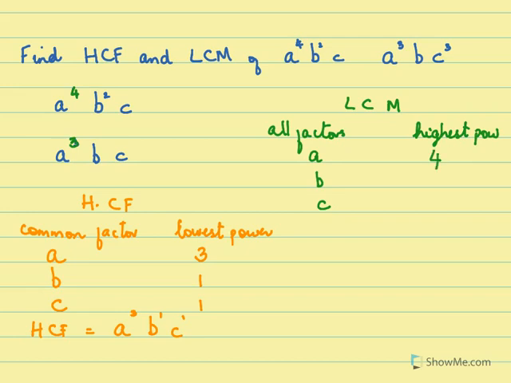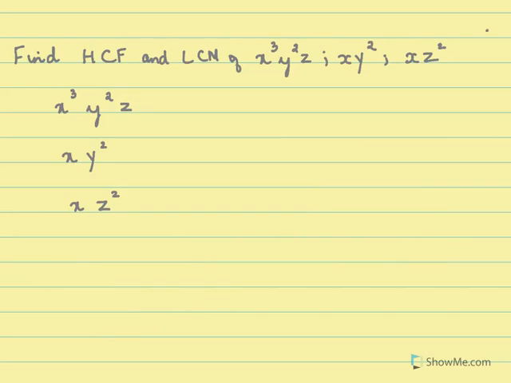So the highest power will be A raised to 4. For B, in the first case is B raised to 2 and B raised to 1. Highest power is 2. For the next case it is 3 here and it's 1 here, so 3. So the LCM, A raised to 4, B raised to 2 and C raised to 3.